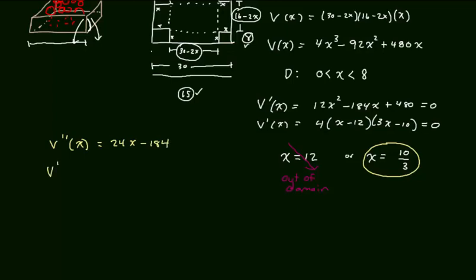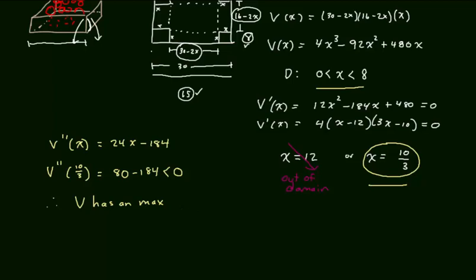We evaluate the second derivative at our critical point, and that's going to give us 80 minus 184. Not sure exactly what that is. I don't really care, because I can see that that is clearly less than 0. And therefore, V has an absolute max. I say absolute again because there's only one critical point on our open region, and I found that it's concave down at that critical point.